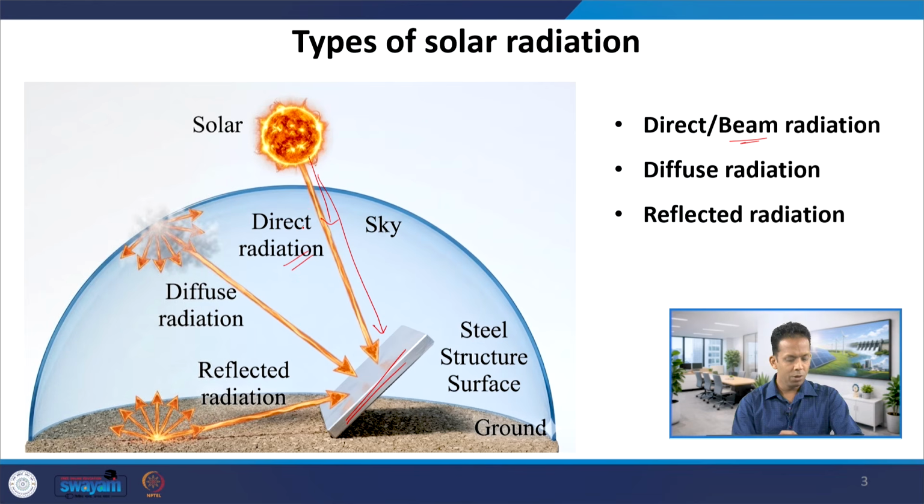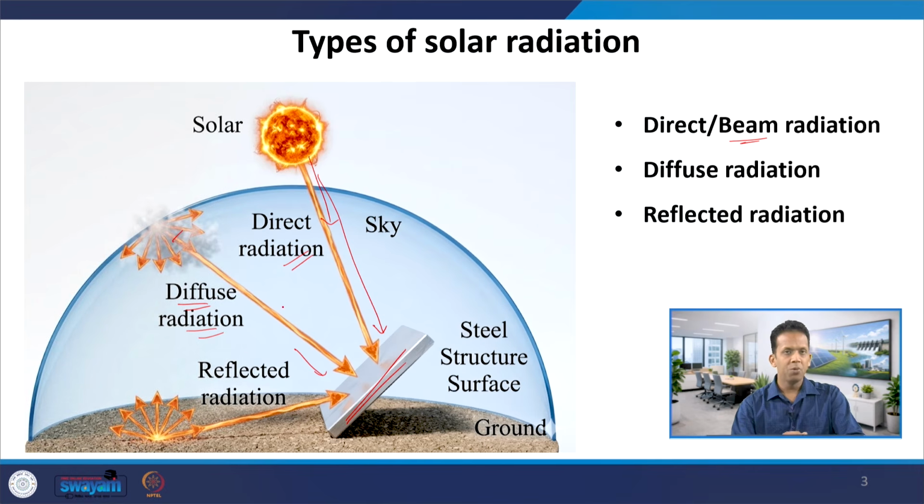Then there is some radiation which gets scattered here and there because of the clouds and particles in the atmosphere, the water vapor, the gases, and from those the diffuse radiation makes its way to the surface. So that's called diffuse radiation. It doesn't travel in a straight line and it frequently changes its direction.